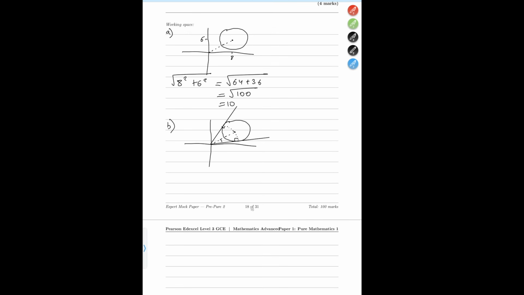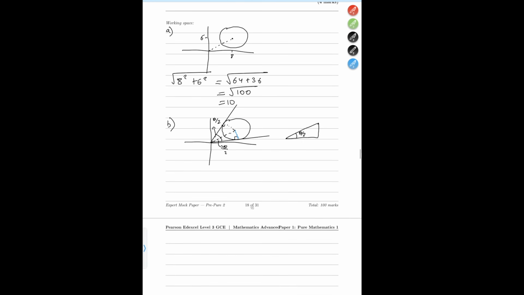I'm going to label these two angles both as theta over 2 because this line to the origin bisects that angle perfectly down the middle. So I can label both of these as theta over 2. Now let me draw the triangle out on the side. So we have theta over 2. This length here is just going to be your radius, so that is going to be 5.